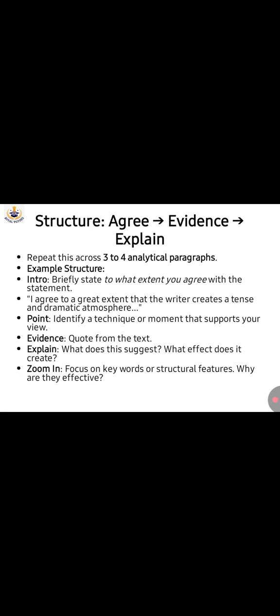I agree to a great extent that the writer creates a tense and dramatic atmosphere. The point: identify a technique or moment that supports your view. Evidence: quotes from the text. Explain: what does this suggest? What effect does it create?